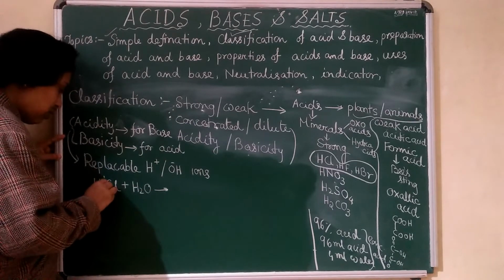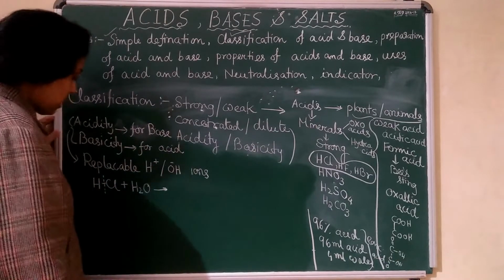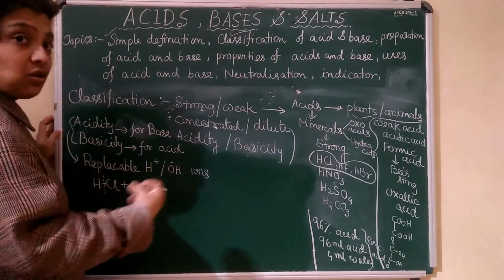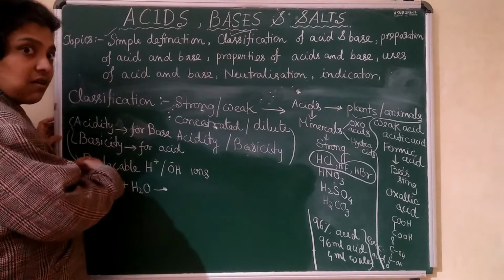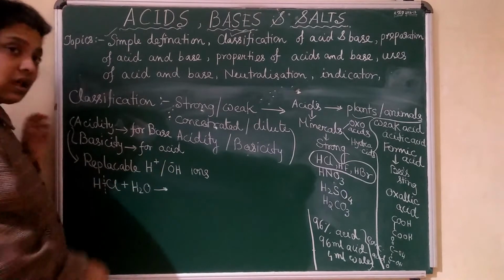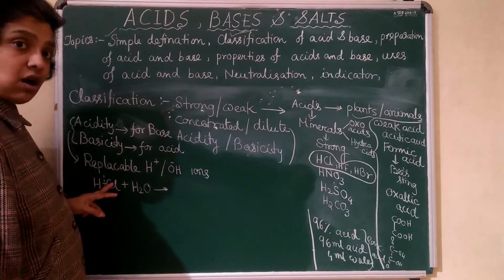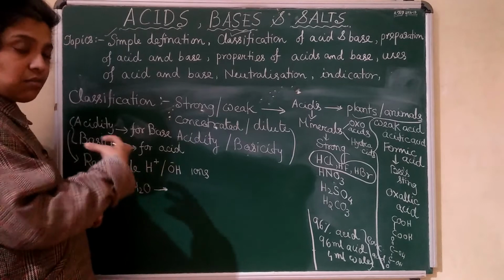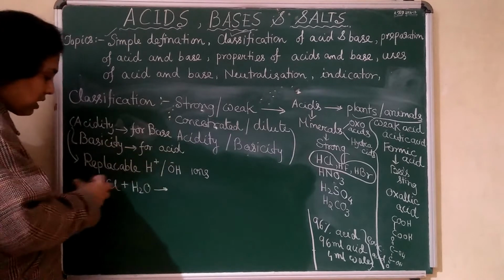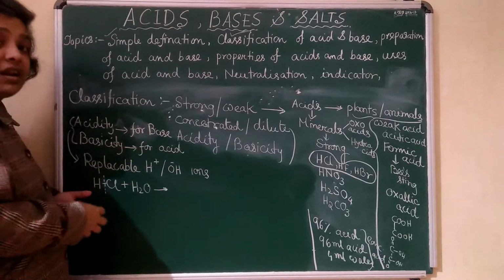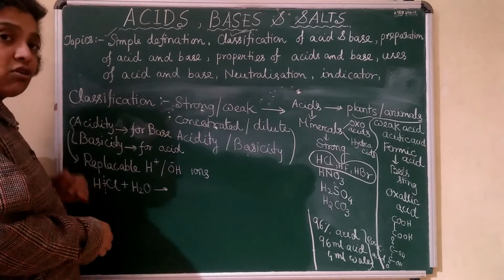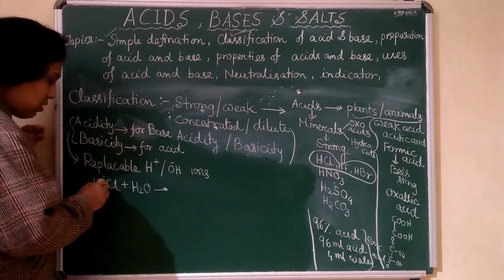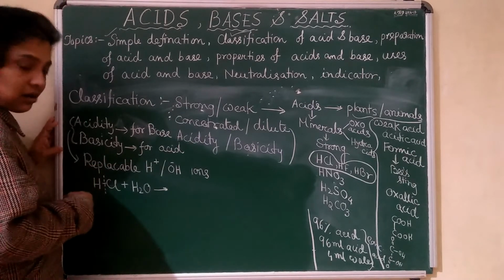How does it dissociate? I just told you that chlorine has more affinity for electrons. It has high electronegativity, so more attraction towards electrons. So the chlorine will say that hydrogen, you remove from my octet. So what it will do? It will take that electron. It takes the electron from hydrogen.